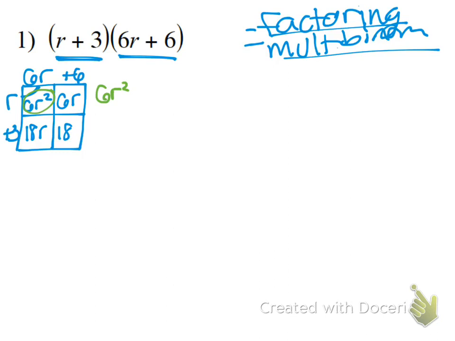But the next terms are a 6r and an 18r, so I can combine these two, and I get a positive 24r. And last but not least, I have this 18, it has no other like terms, plus 18, done. And that's what happens when you multiply a binomial.